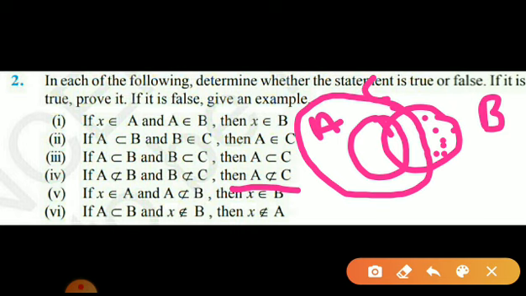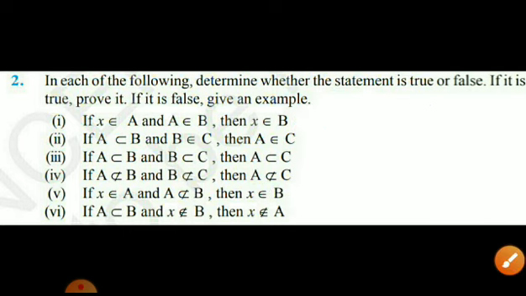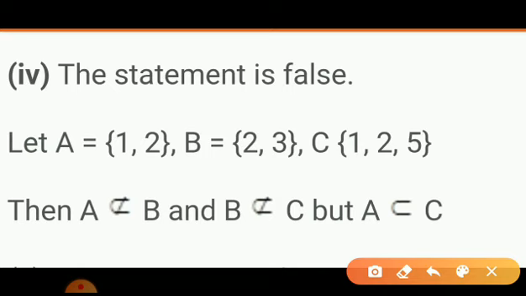That means I have to give an example. Try to make an example where A is not a subset of B, B is not a subset of C, and I write the set C so that it contains set A itself. So see, let A equal {1, 2}, B be {2, 3}, and C as {1, 2, 5}.